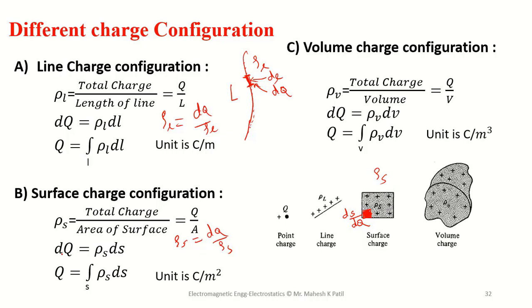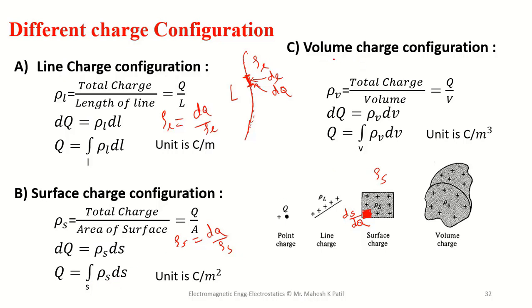If I want to calculate total charge present, then it will be Q equal to integration of dq. Therefore I can write Q equal to surface integration of rho s ds. The unit for this surface charge density is coulomb per meter square. As this is the surface charge integration, it is a double integration.